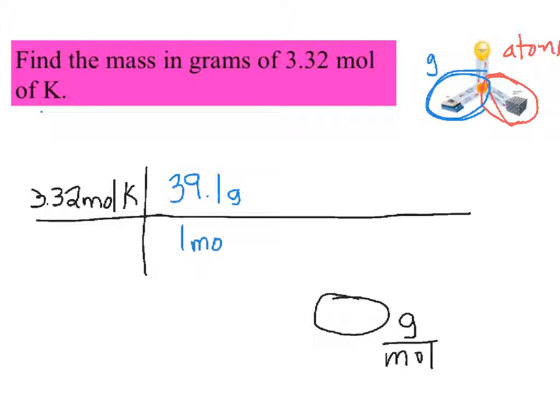So in every single mole, there's going to be 39.1 grams of potassium. And what happens is moles are going to cancel out, and we're going to be left with grams. And that's what we wanted. We wanted to find the mass in grams of potassium.